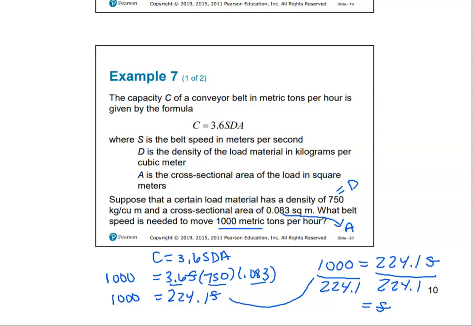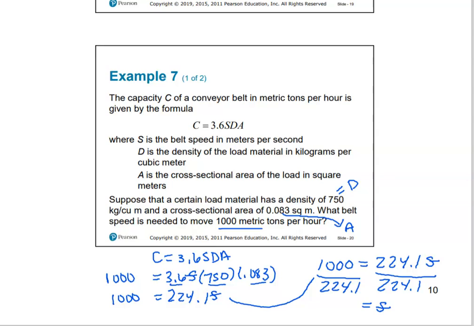So that's going to get me S is equal to 1,000 divided by 224.1. And so I have to round on this one. The numbers involved in the problem, I've got two significant digits. This one only has one.